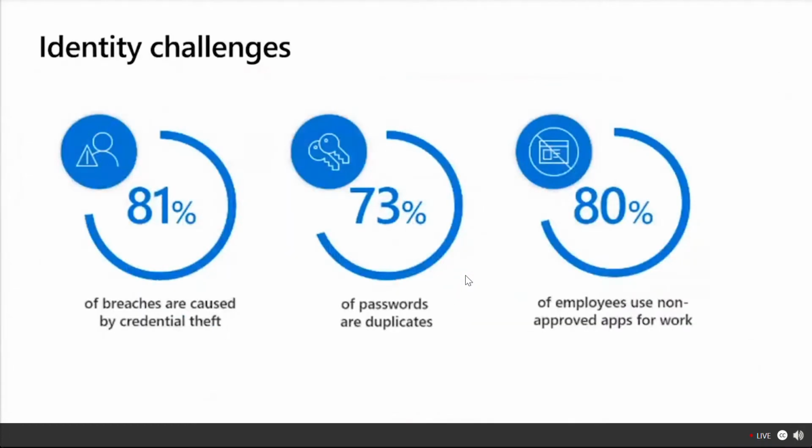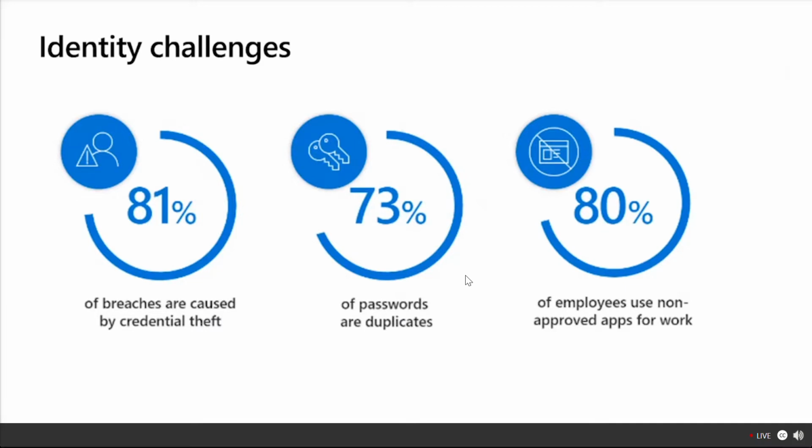We see a lot of challenges around identity from the fact that 73% of passwords are duplicates. We also see that around 80% of employees use non-approved apps for work, which causes more challenges around managing identities. And around 81% of breaches are caused by credential theft. So it's very important to consider identity and access management.